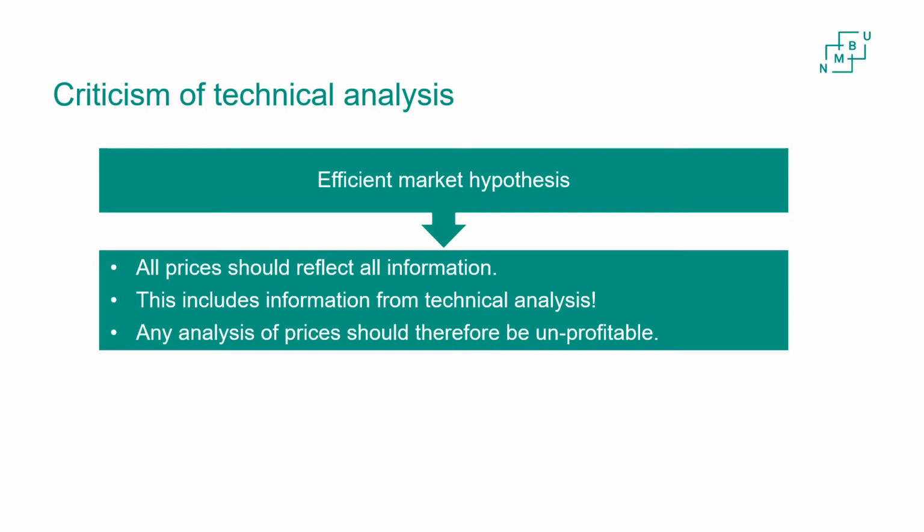If even one investor has information, then the price should reflect that information. This includes information from technical analysis itself. So if anyone finds a pattern in the chart or with indicators, then in the future, this pattern should be unprofitable.